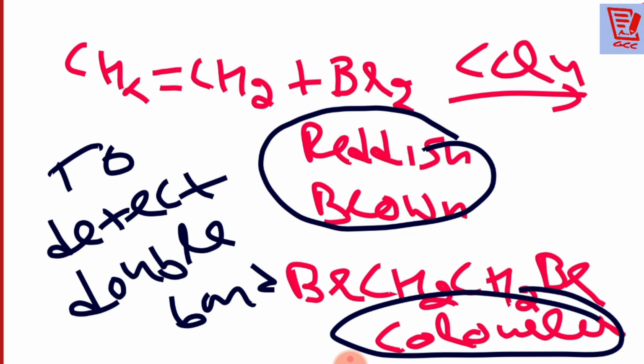This is also called the bromine test. So we use this test for the detection of unsaturation in a given compound. Clear? Okay, after that we have the last part of this preparation, the C portion, which is allylic substitution. What is it? Allylic substitution. All of you please see.